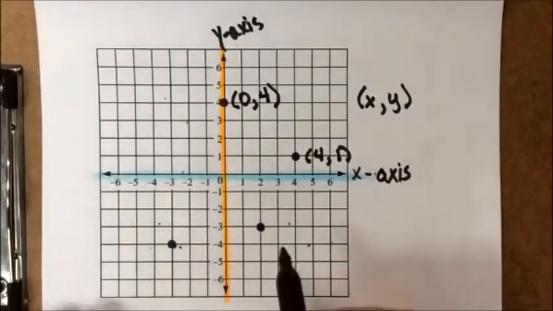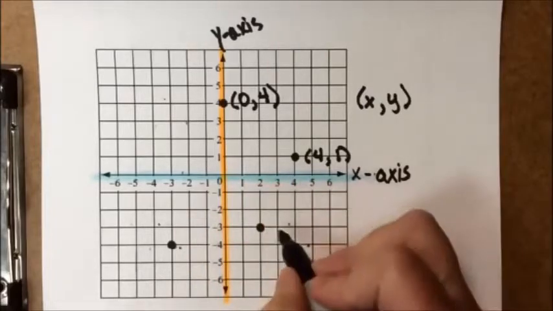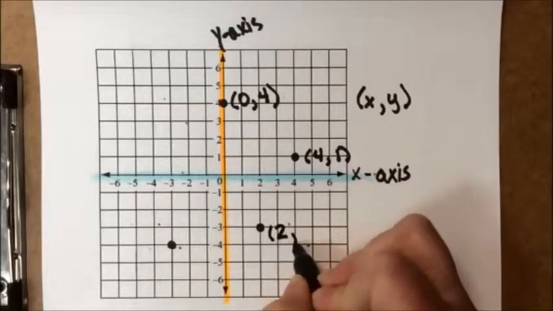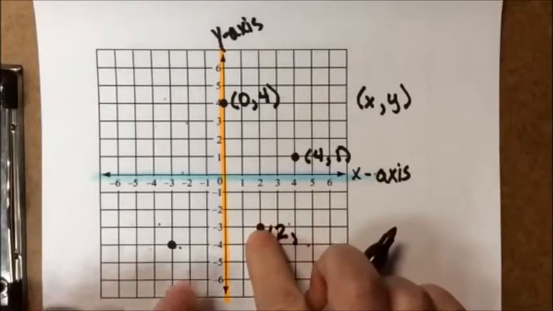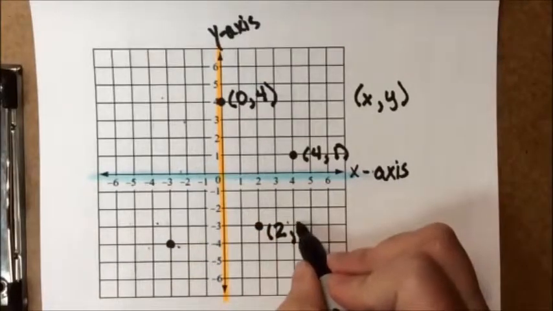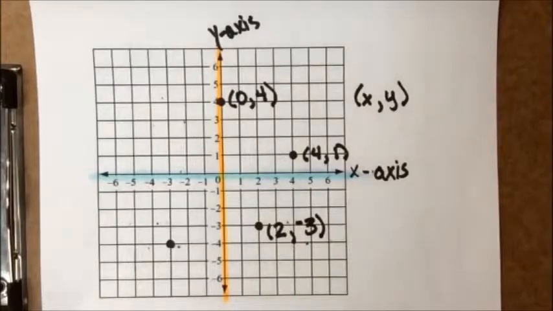Now, for this point here, I'm going to move over to 2 on the x-axis, and then I actually move down. So this is going to be a negative 3 on my y-axis, so my ordered pair is going to be 2, negative 3.